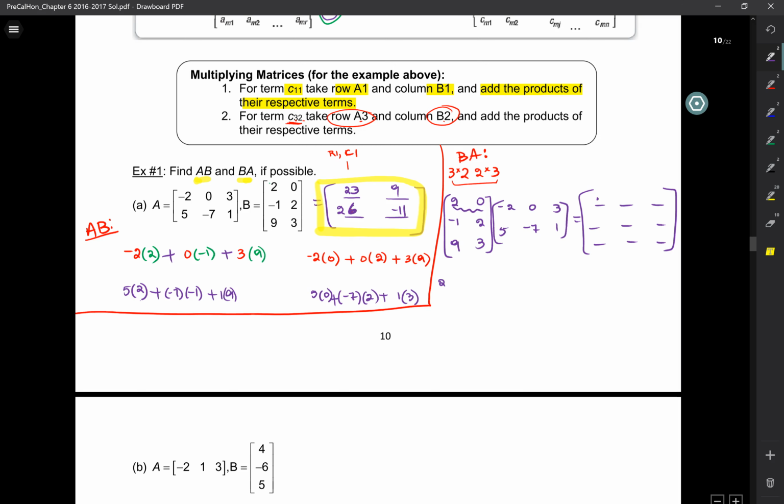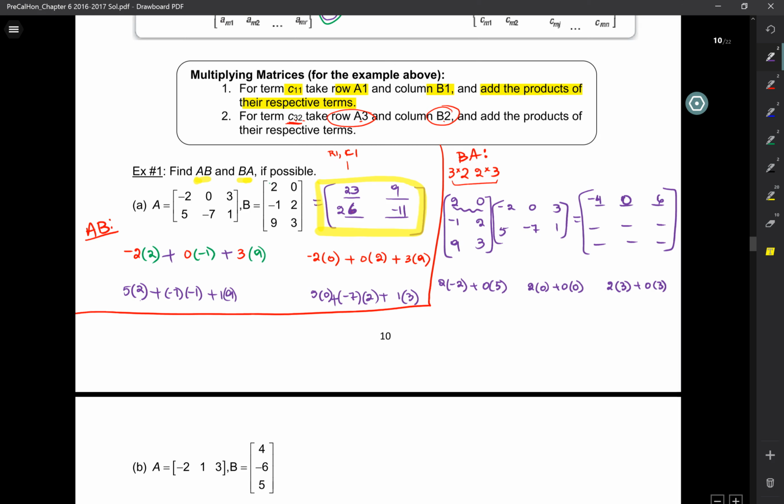So 2 times -2 plus 0 times 5. This is -4. All right, now this one. This is row 1, column 2. So 2 times 0 plus 0 times 0. This one, row 1, column 3. 2 times 3 plus 0 times 3.